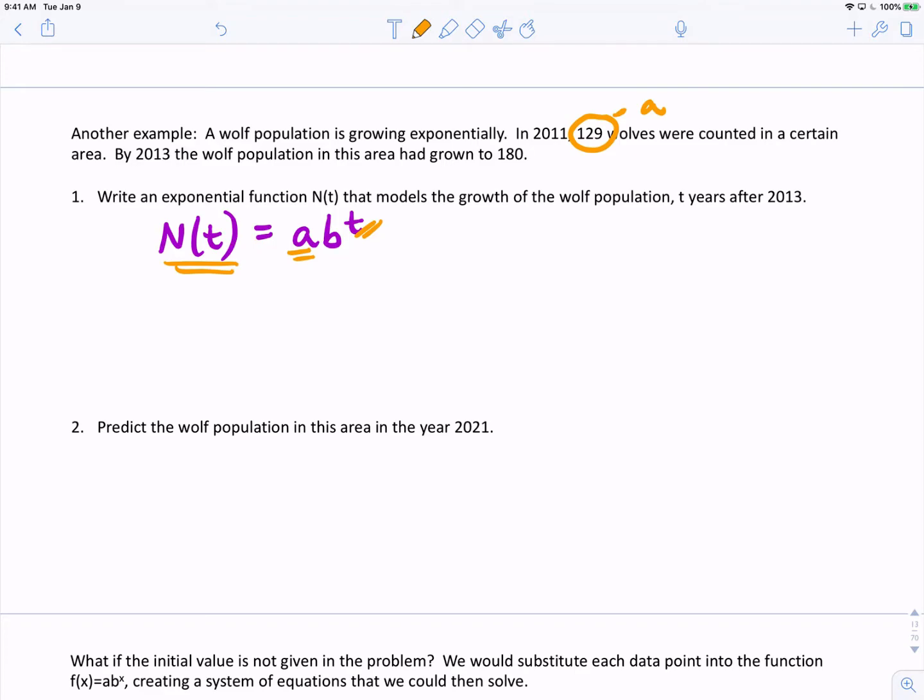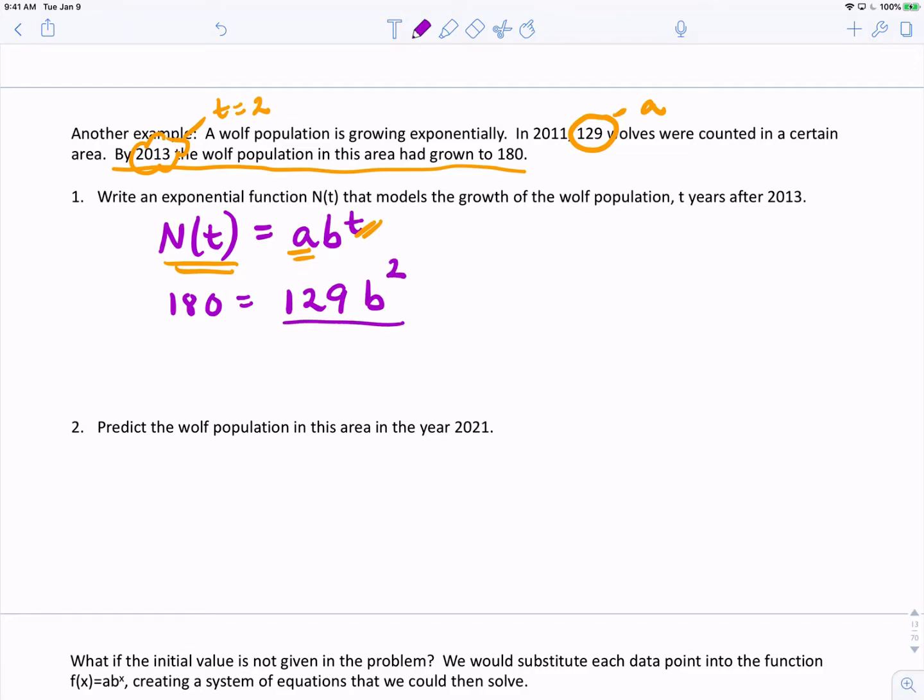And our second piece of information was that by 2013, the wolf population had grown to 180, and notice that 2013 was 2 years later, so t is equal to 2. So let's go ahead and plug those numbers into our function. N of t, 180, is equal to our initial amount, 129, times b, which is what we're solving for, and that growth took place over a 2-year period.